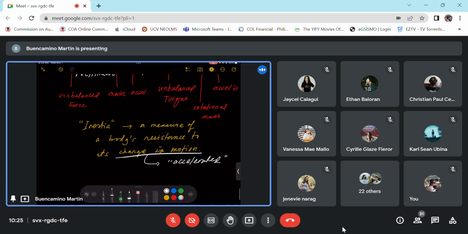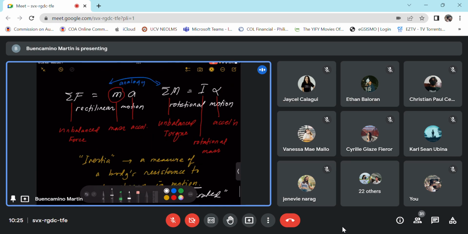Merong magre-resist sa pag-change na acceleration ng body, and that is inertia. In the case of a rectilinear motion, mass is the measure of the resistance of the body to changes in the velocity or changes in the motion. Ganon din sa umiikot na bagay, class, meron din magre-resist dyan. Ang tawag natin dyan ay rotational mass.